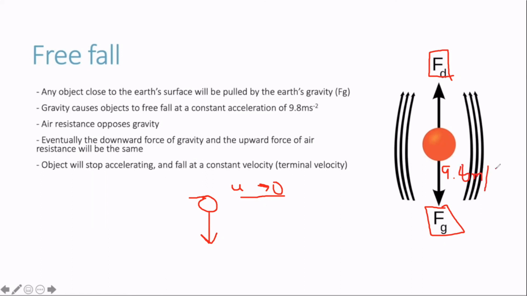So the value is 9.8, and v, friends, is the final velocity of the body. That differs from question to question, but usually we can consider it as 9.8 as well.